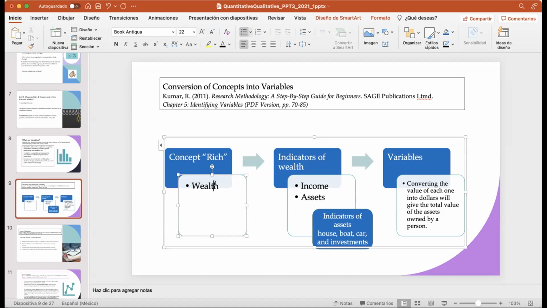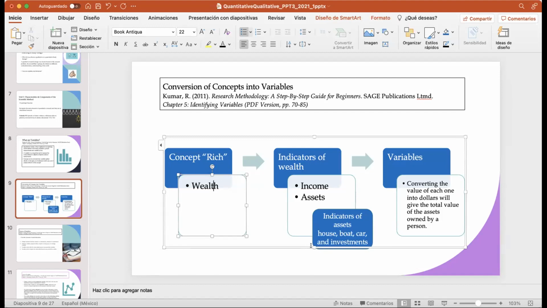Wealth is riqueza. But what are the indicators of wealth? Yes, wealth in itself, I cannot measure. But I have indicators to measure wealth. ¿Sí? Wealth en sí misma, la riqueza, como un concepto de posesiones, porque eso es lo que vamos a ver aquí.